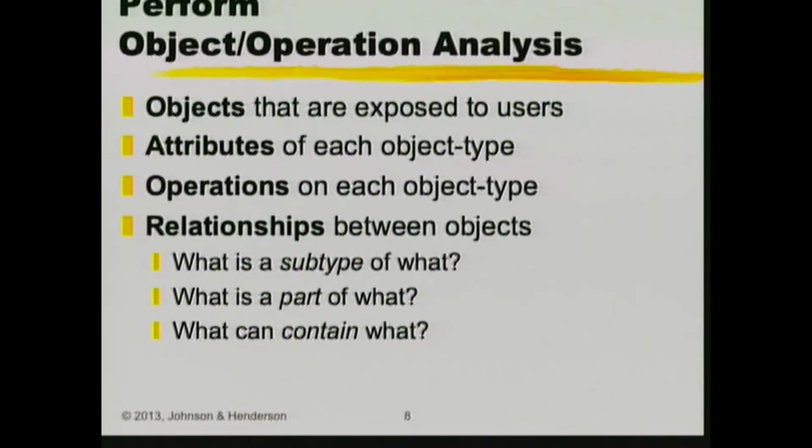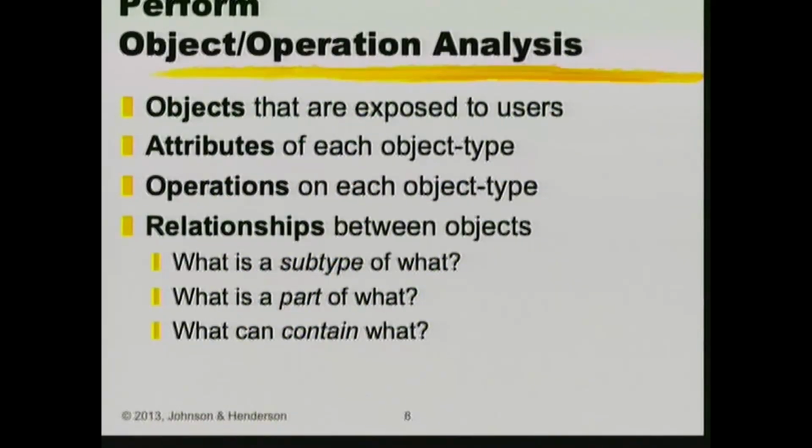And then there's what is a part of what. So for example, a wheel is a part of a car, and a disk. Well, I was going to say a disk is a part of a computer, but actually this computer has no disk. So go figure. And then there's what can contain what.